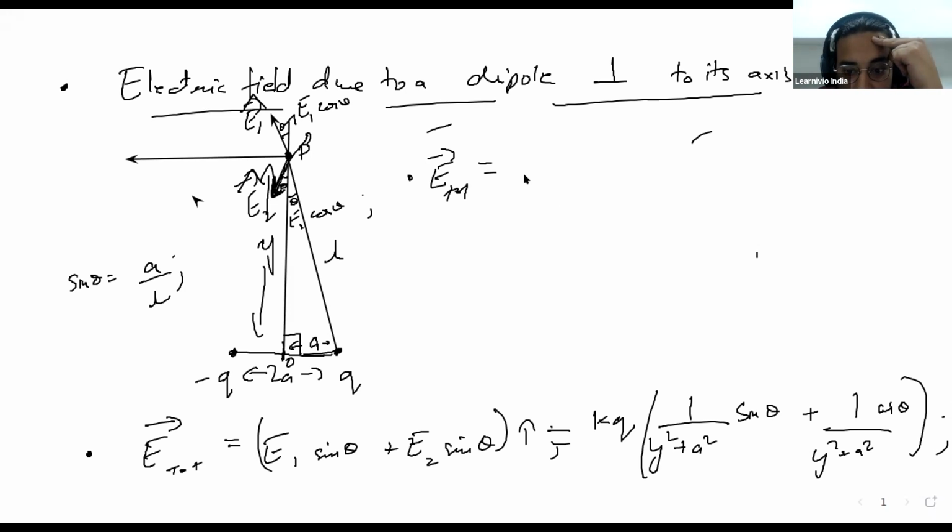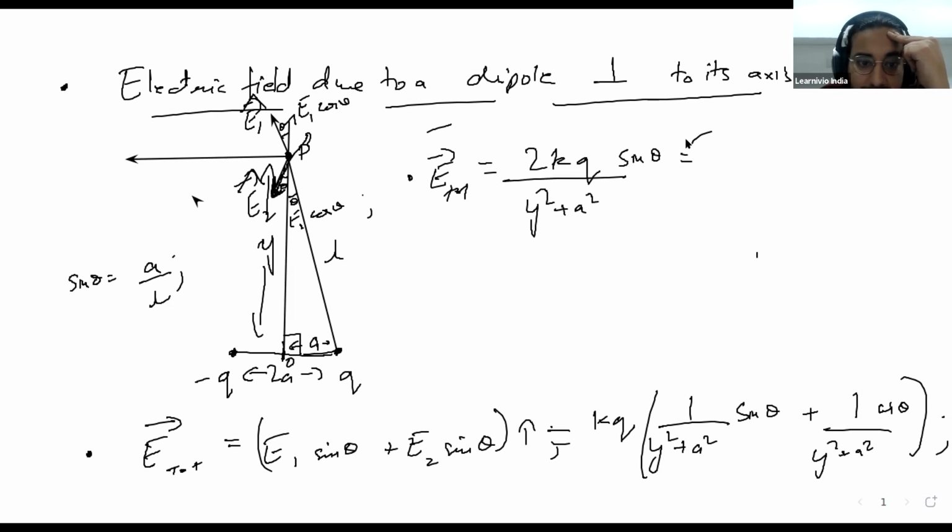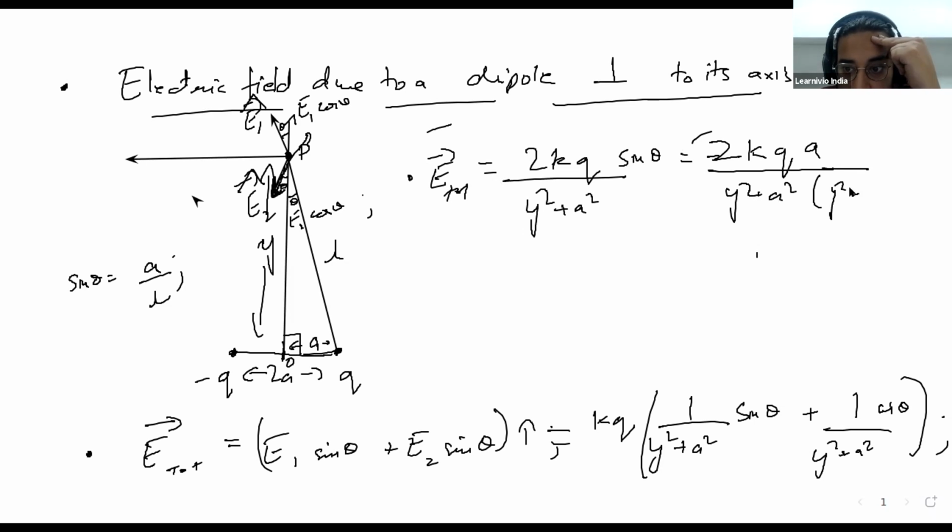Okay. Lovely. So what you have is 2kq over y square plus a squared times sine theta. Now, what is sine theta? We already calculated it was a over L. So what you have is 2kq times a over L. L is just y square plus a square to the power half.